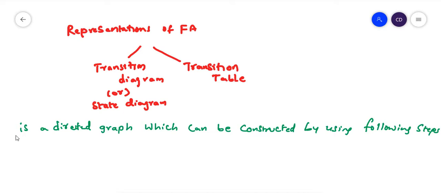There is a node for each state in capital Q, which is represented by a circle.